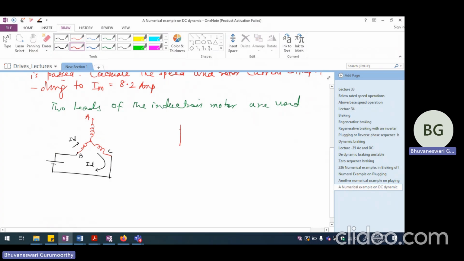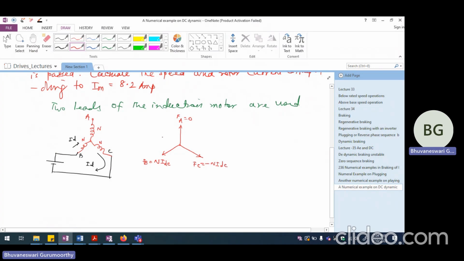So this is A phase and this is going to be B phase and this is going to be C phase. So FA is 0 for now, and FB is N times IDC, if I'm talking about the number of turns in each of these phases as N. And FC is going to be minus N times IDC because the current is a return current.